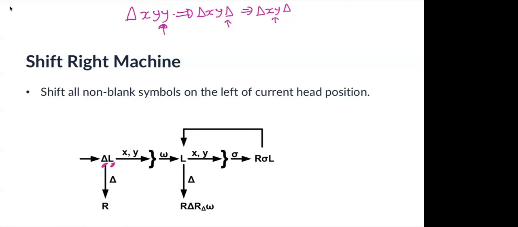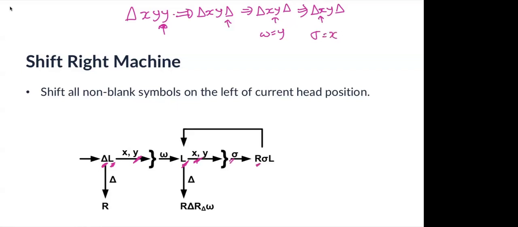Next, because we find y, then we will store y to omega. Next, we will do left, which means we are now in this position. We read an x, so we will store it to a sigma.